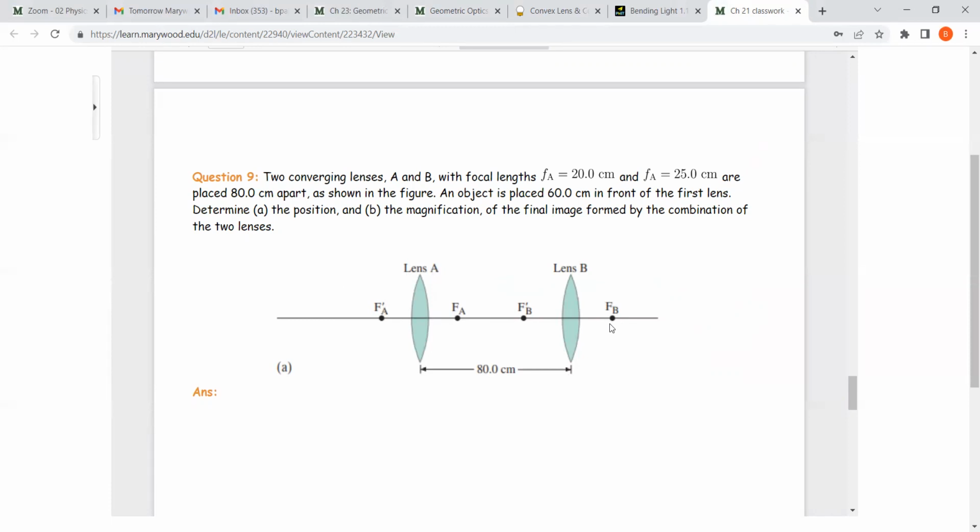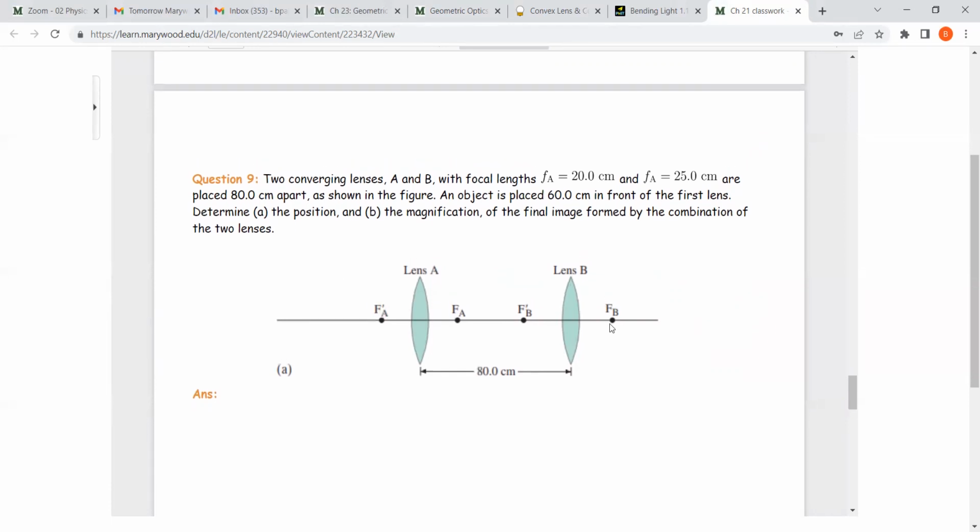For example, let's say we get a magnification M1 for this lens and M2 from this lens. The final magnification will be M1 times M2. We will be doing this problem in the next class.